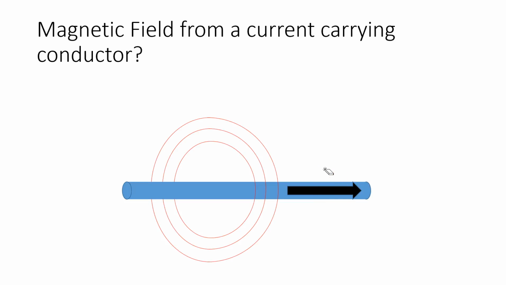If you remember your right hand grip rule, then the flux should be in this direction, right? Your thumb should point in the direction of the arrow, the direction of the current, and if you make a fist, your fingers will curl in the direction of the magnetic flux. So this gives you the direction of the magnetic flux.